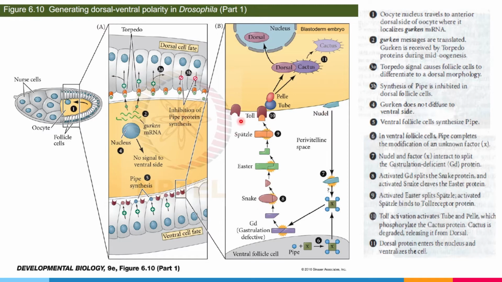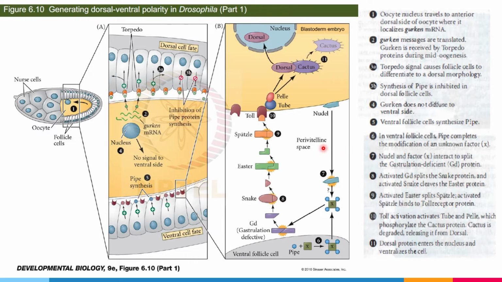But the entire signaling process finally degrades cactus, and so dorsal is free to get into the nucleus. Once dorsal gets into the nucleus, it produces various signals which ventralize this particular region where there was pipe signal. So we have the ventralization of the ventral portion of the embryo, and the opposite stays in its normal dorsal field.